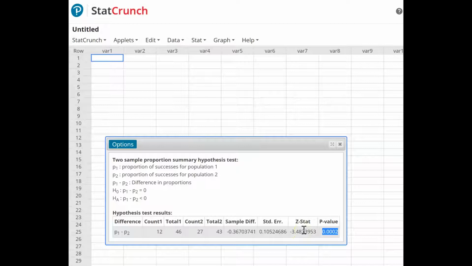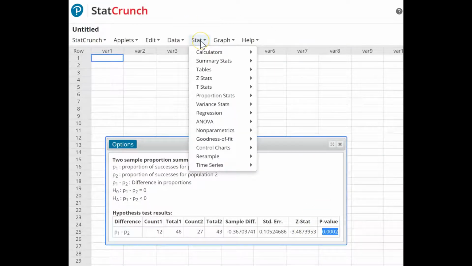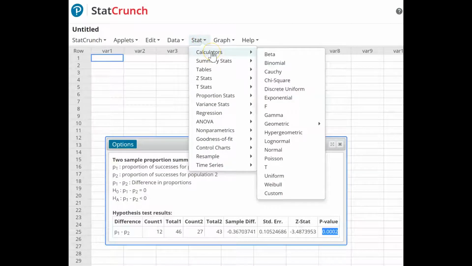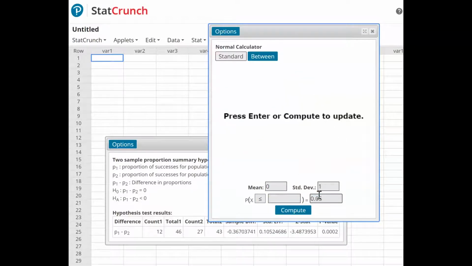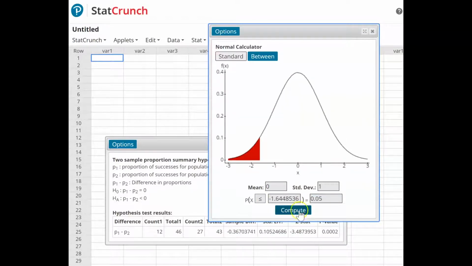We need to compare it with the critical value. To find the critical value, go to Stat, Calculators, Normal, adjust the direction of the distribution. We have a left tail test, so it's going to be to the left. Area to the left is 0.05. Compute. The critical value is negative 1.645.